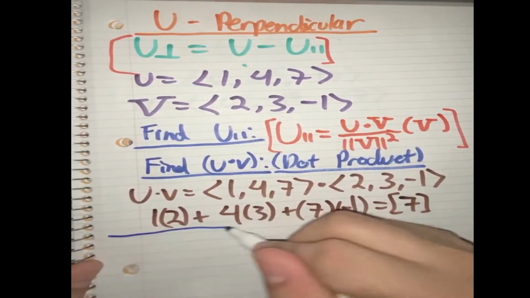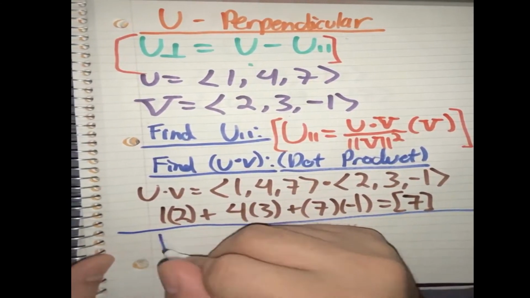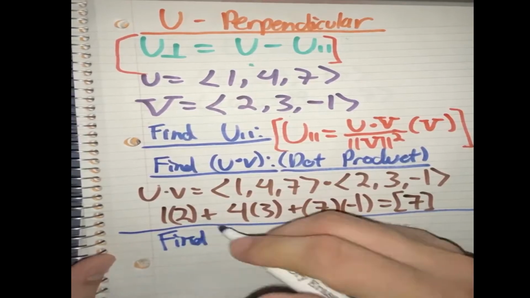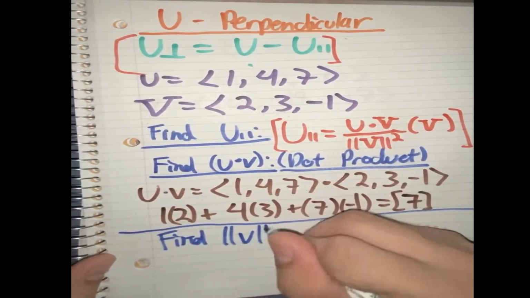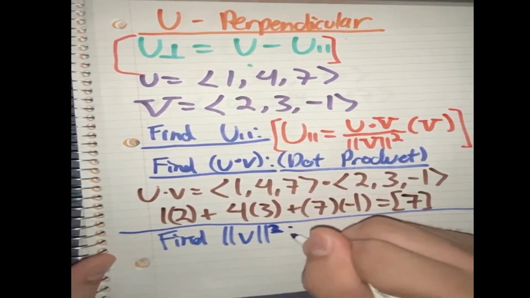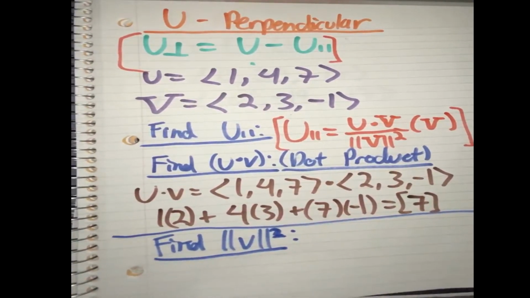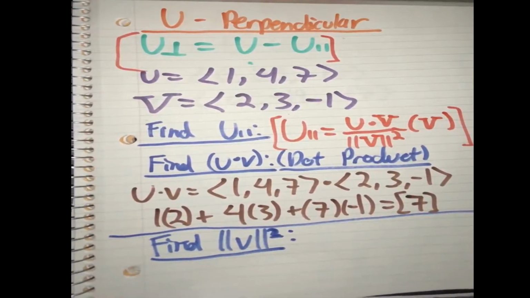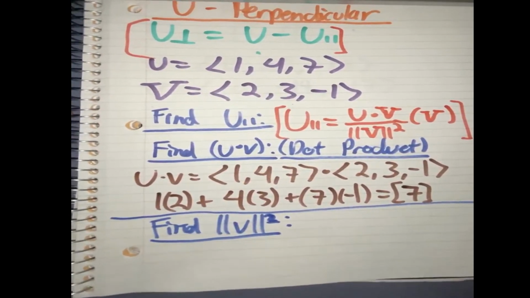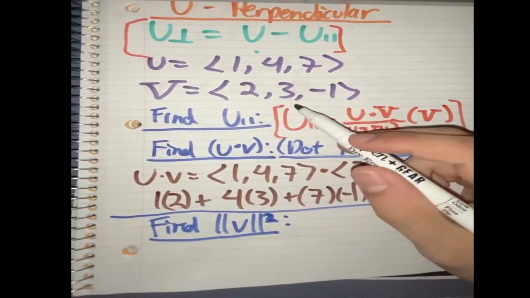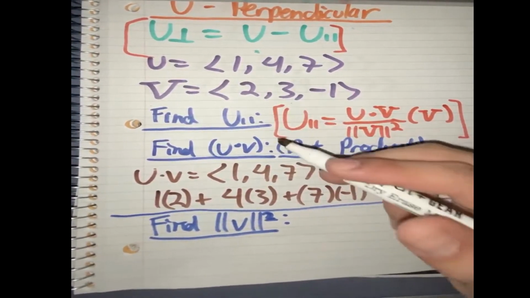Now the next step is to find the magnitude of v squared. To do that, we take the vector v, find its magnitude, and then square it.